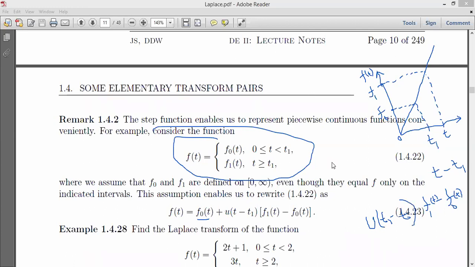So you realize that we actually have now this function here. So it means our f of t will be the first part of the step function. We know that it is f naught between 0 and t1, which is f naught, that is equal to f naught of t.